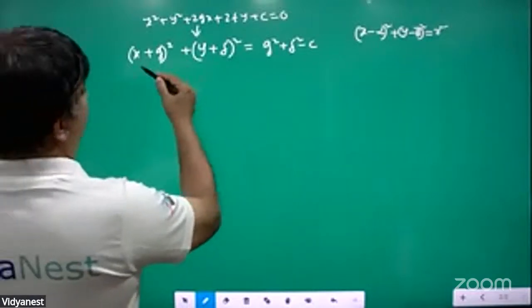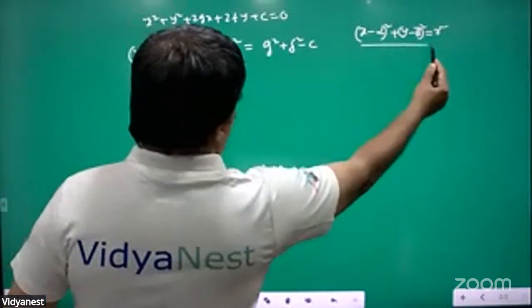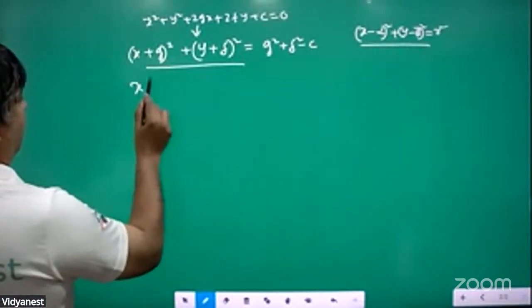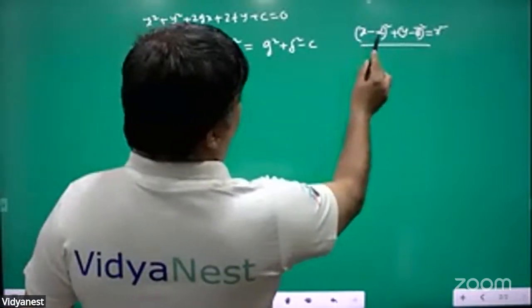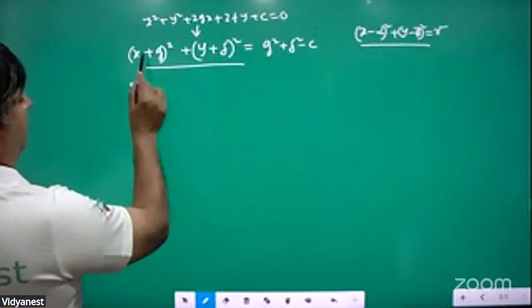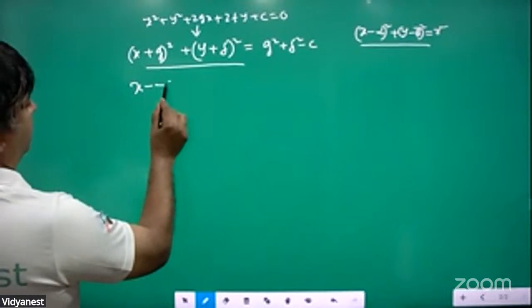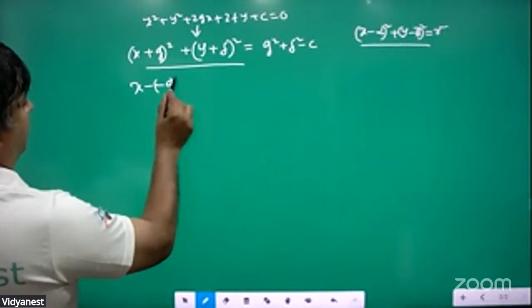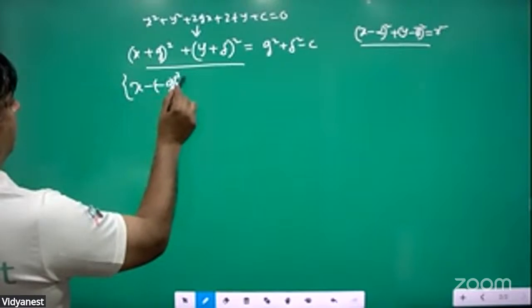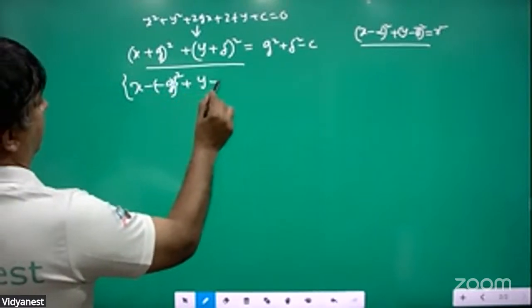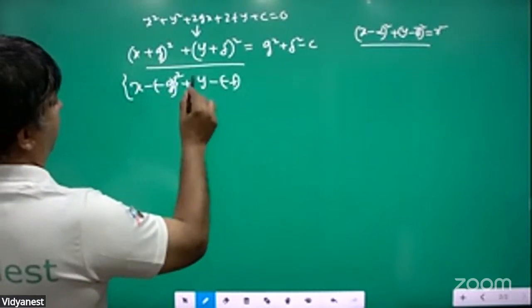So you compare this equation to the standard one: here plus g, but we had minus alpha. How can you write plus in terms of minus? Minus of minus g. Y minus of minus f.